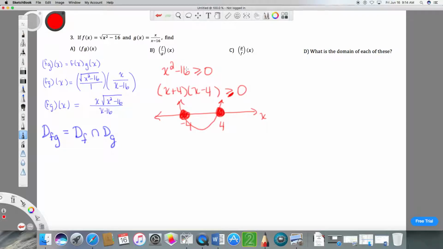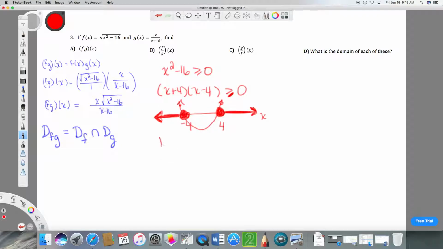This x squared minus 16 are the y-coordinates on this parabola. I only want y-coordinates that are greater than or equal to 0. Those y-coordinates live above the x-axis. If you're below the x-axis, the y-coordinates are negative. Negative is down, positive is up. So I want the corresponding x values for all these points that are above, because I guarantee that for an x less than -4, you're going to be above the x-axis.